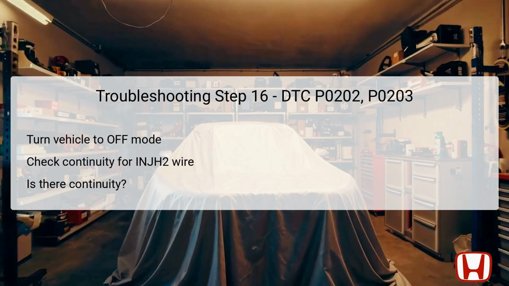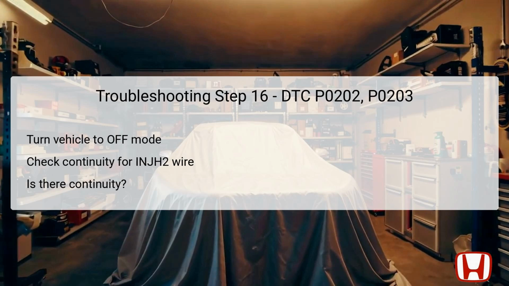For this follow-up, return the vehicle to the off mode, ensuring all components are safely powered down. Check continuity on the INJH2 wire, focusing on connections between the relevant terminals. The follow-up test here is paramount, as identifying continuity signifies no issues in the wiring are present, which is crucial for ensuring reliable operation of the injector.